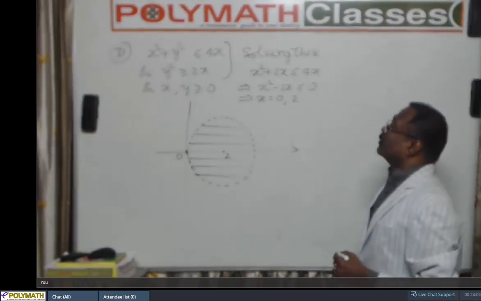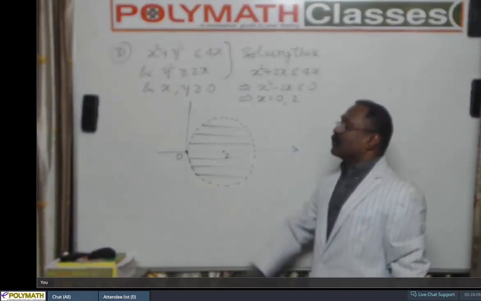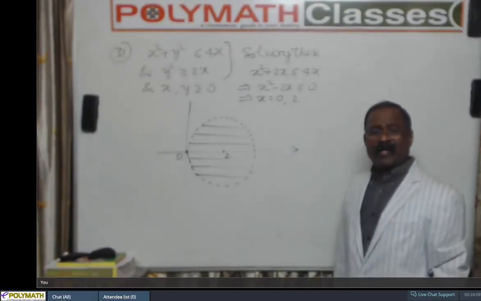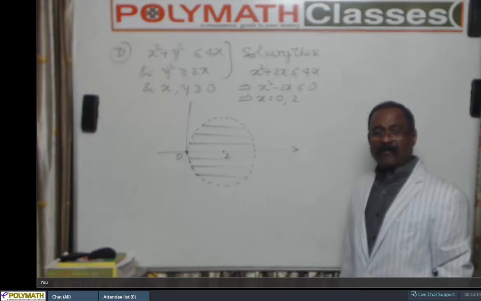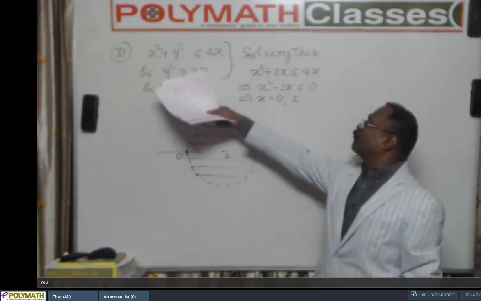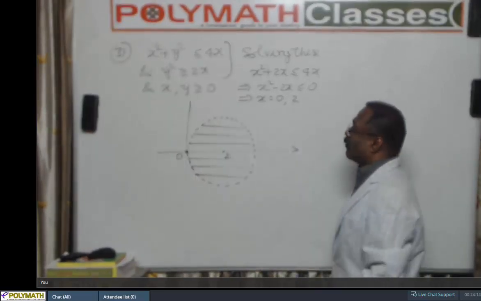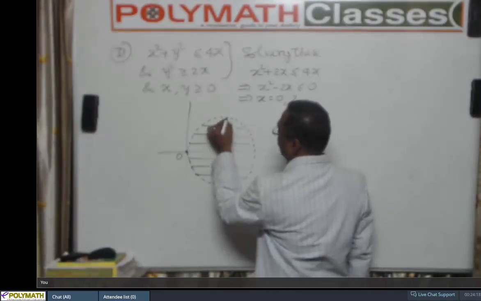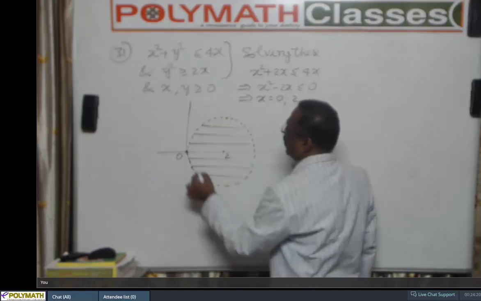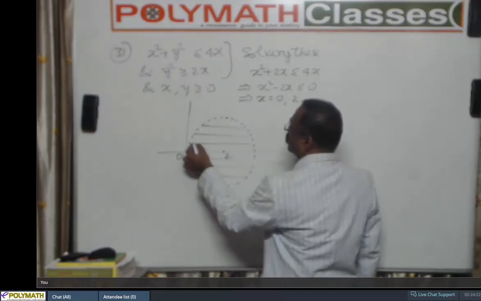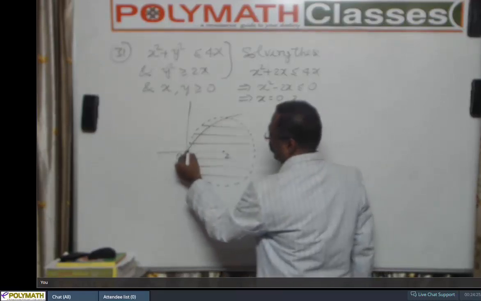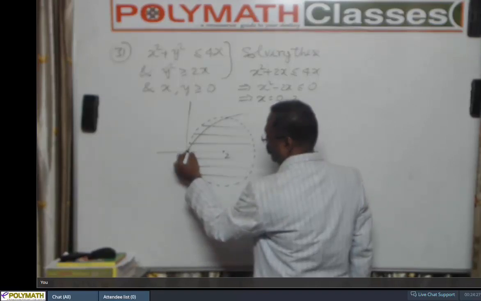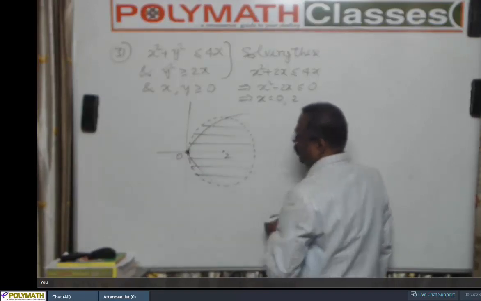Now coming to this part here, this is y² ≥ 2x. You know, it is a parabola in the standard form y² = 4ax, where 4a is 2 here. So if you see the intersection point here, it is intersecting at 2, and the parabola, how it goes, you all know. It goes like this, and downwards it will be like this.